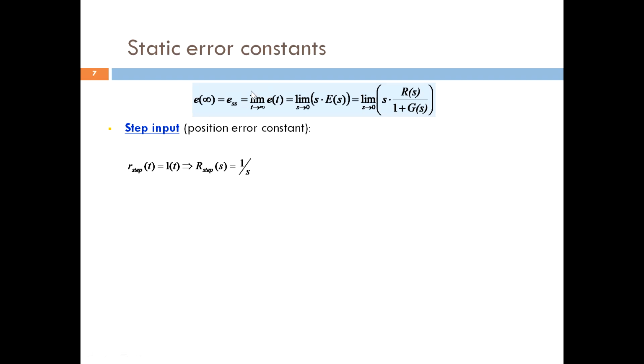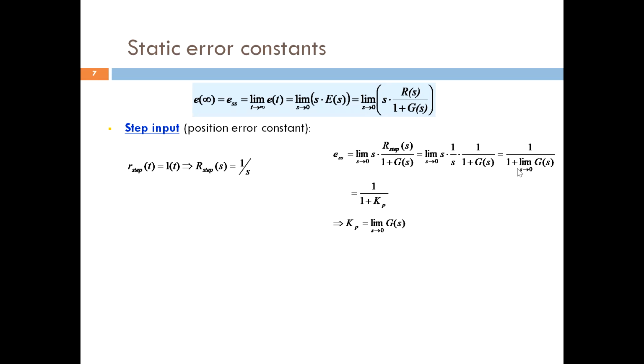To derive the static error constant for a step input, we basically substitute this expression for the input in that expression, and this is what we end up with. Okay, so we take the limit as s approaches 0 of s times that expression. We substitute r by 1 over s, and we end up with this expression.